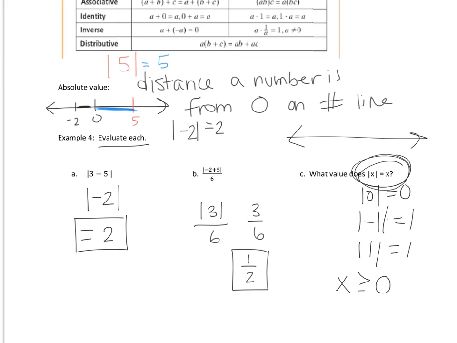So if you had a number line, the absolute value of 0 is 0. That works. Try 1. The absolute value of 1 is 1. That works. The absolute value of 2 is 2. That works. Decimals would work. So it's all of these numbers over here. So the solution is an inequality. X is at least 0.